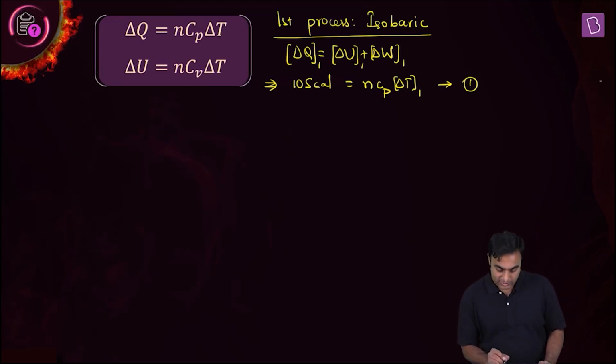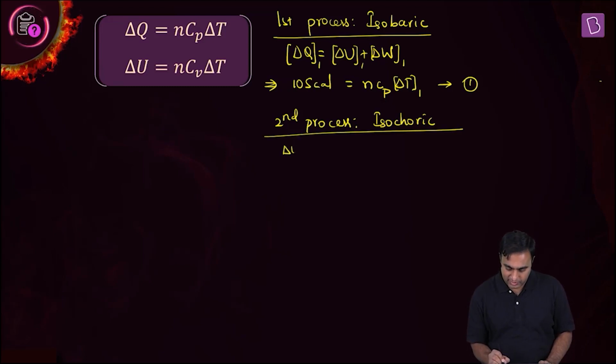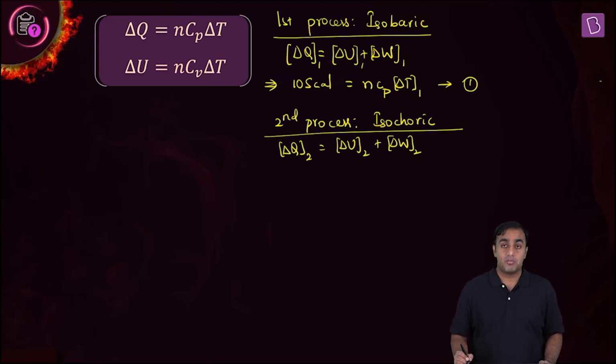Now, for the second process, which is isochoric heating, we can write delta Q2 equals delta U2 plus delta W2. But in isochoric process, the volume doesn't change.